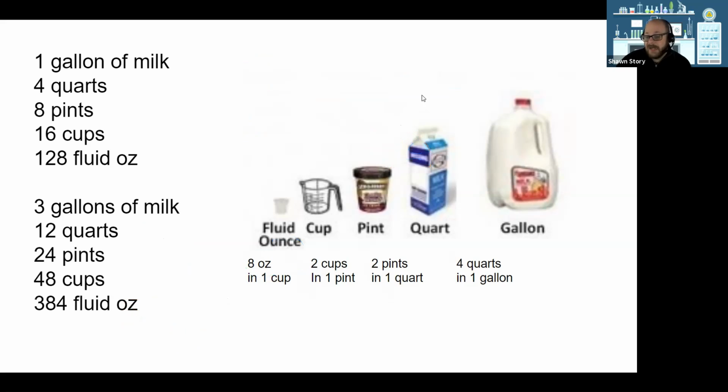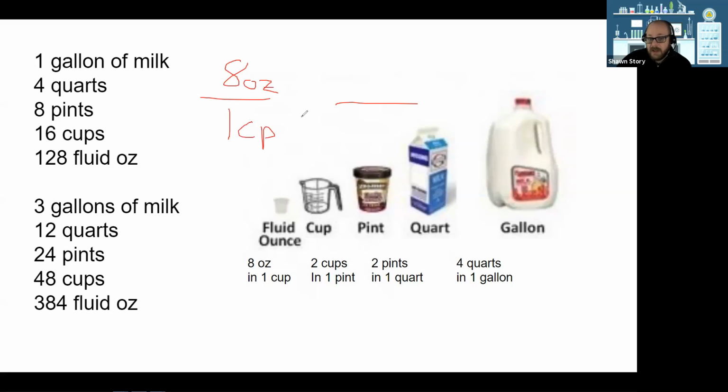All right, so that's cross multiplication, and that's what we're going to practice a lot of today. When we do cross multiplication, we have two fractions. We have our ratio, that 8 ounces is the same thing as 1 cup. And over here, 48 cups is the same thing as 384 fluid ounces.